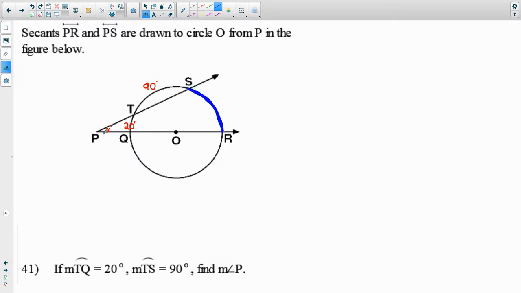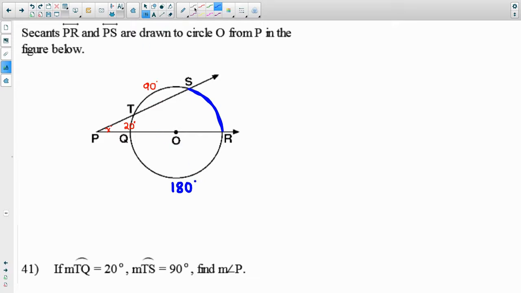Well, it's important that we can see that P, Q, O, R is cutting through the center of the circle, which means that this secant is also creating a diameter, which is also creating a semicircle, which means that arc QR down here is half of a circle, which means it must be 180 degrees.